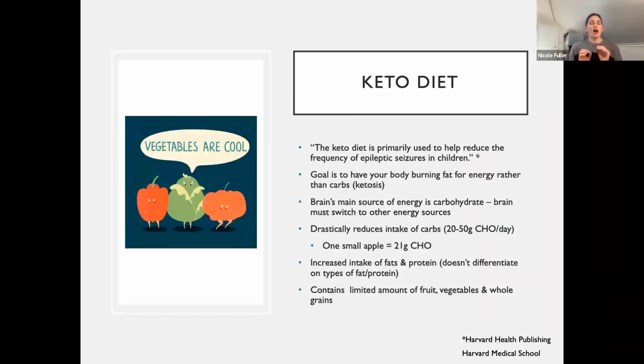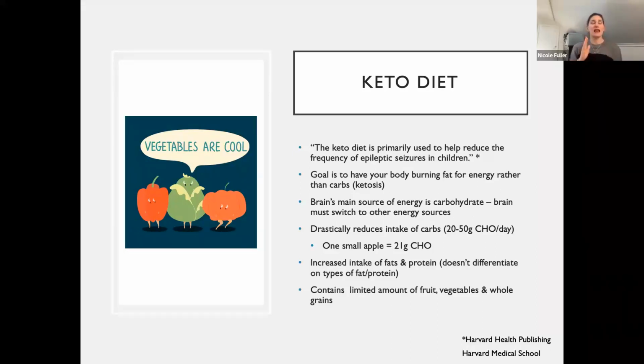So first up, we're going to talk about the keto diet. I have a little image here that says vegetables are cool, because on the keto diet, it's not that you can't eat vegetables, but you're very limited in the amount that you can eat.